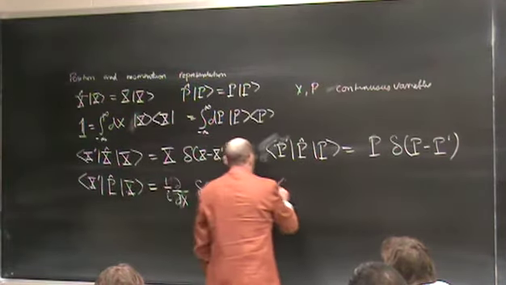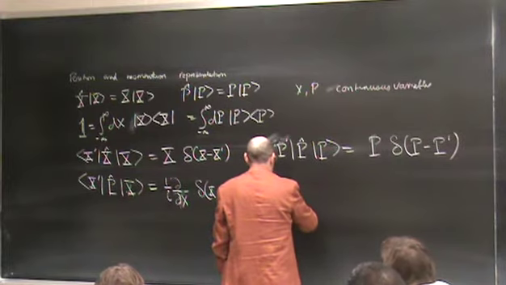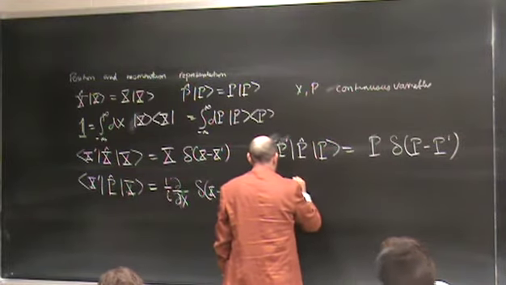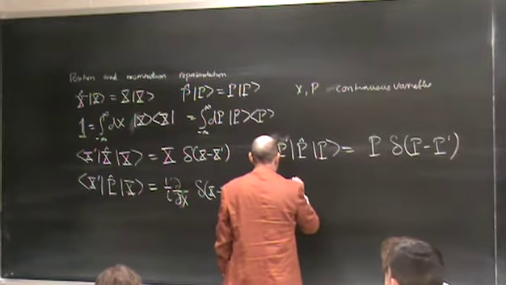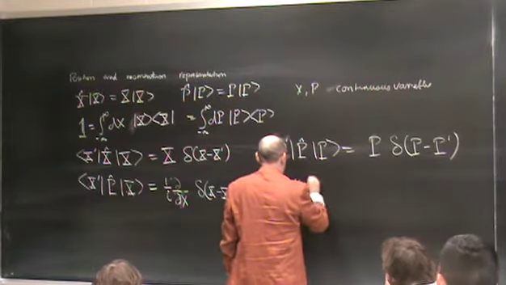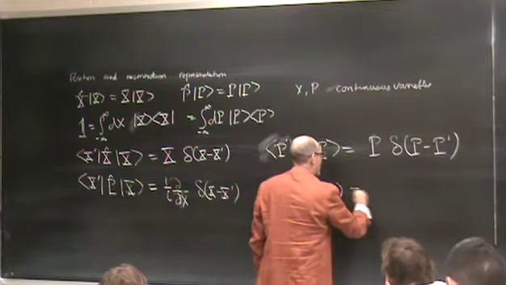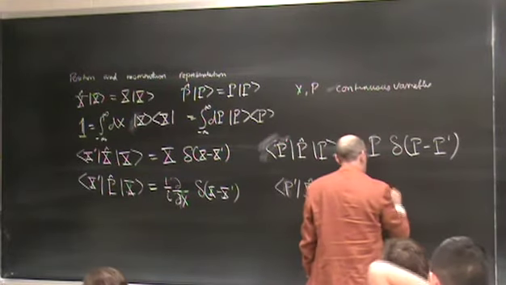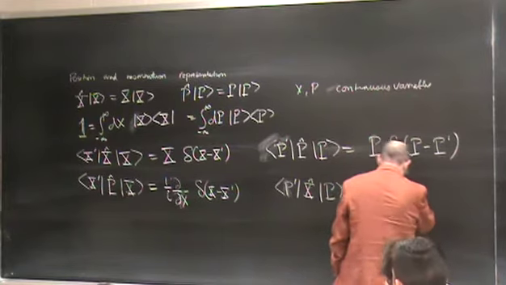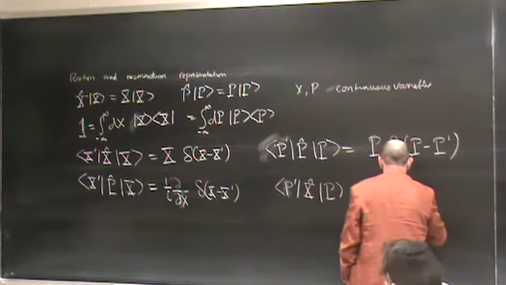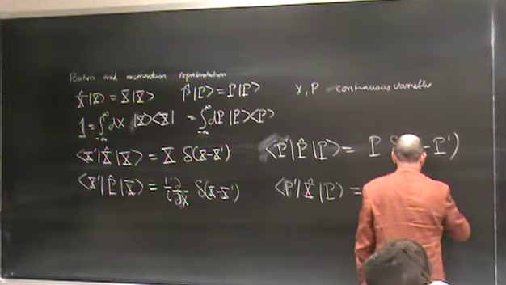And the position operator in momentum representation is the derivative with respect to p.